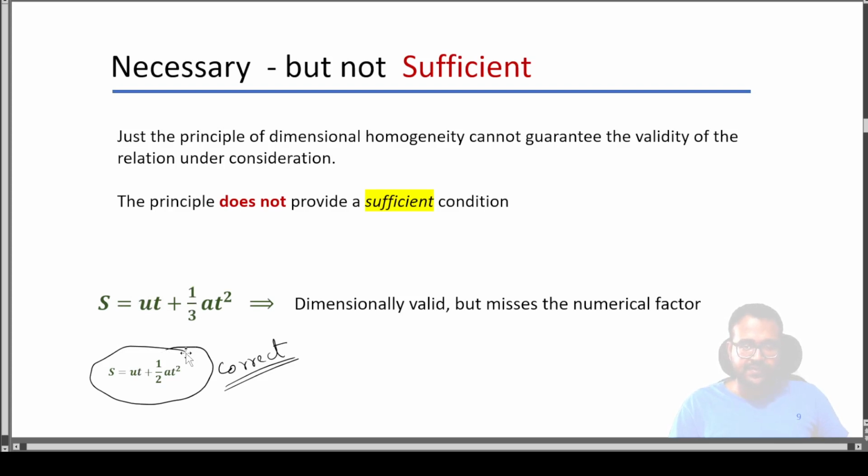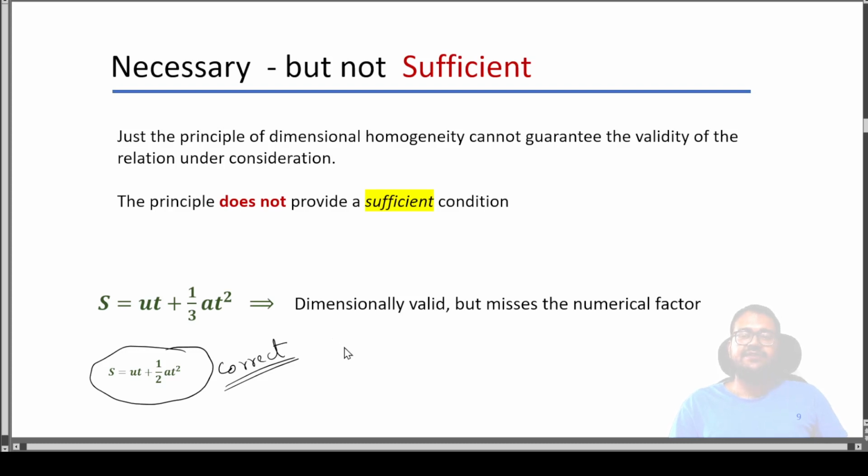Both the equations are dimensionally correct, but this is wrong because there is 1/3 there, but this is correct because there is half there. So if you find any equation which is dimensionally correct, you'll say, yes, this may or may not be correct, but this is correct apart from the constant factors. If you ignore the constant factors, the equation is correct.